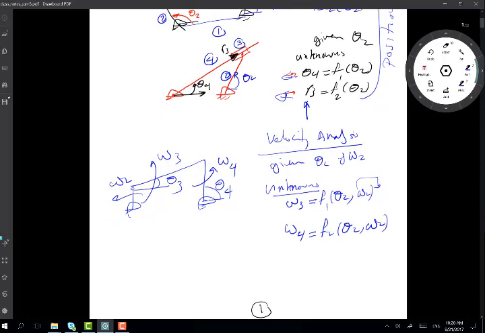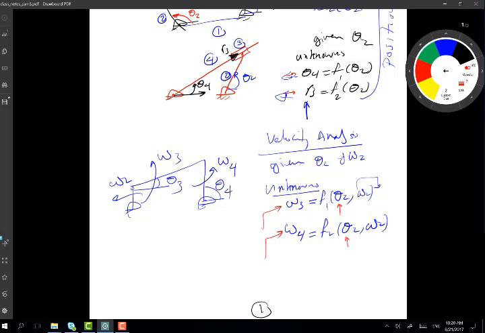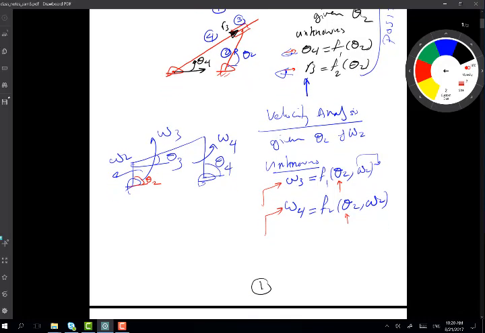Now I want you to realize here, I said function of theta 2 and omega 2, meaning that the angular velocity is not constant. It will depend on where theta 2 is. In other words, it will depend on the specific configuration of the linkage, right? So the specific position of the linkage.